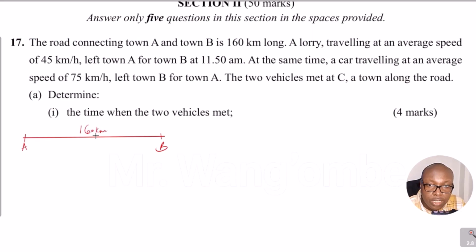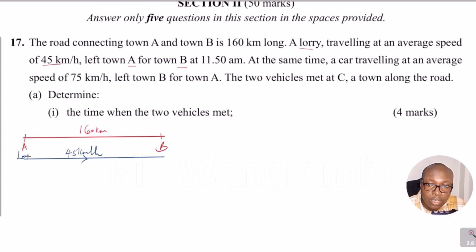The lorry is traveling at an average speed of 45 kilometers per hour from town A to town B. The direction of the movement is very important. I will indicate it here. So the lorry is traveling in this direction at 45 kilometers per hour.